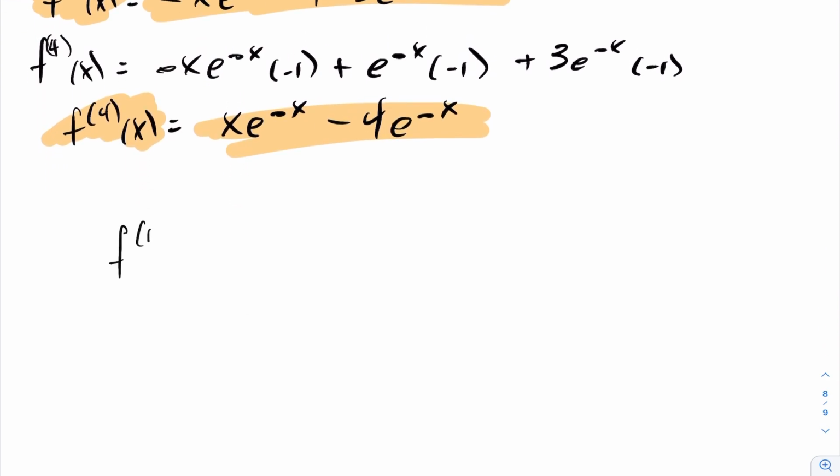Well, the nth derivative would be, you're going to have an x e to the negative x in there, and you're definitely going to have an n e to the negative x in there. The question becomes, how do you adjust the minus signs? Well, when n is even, notice that this becomes a minus sign.